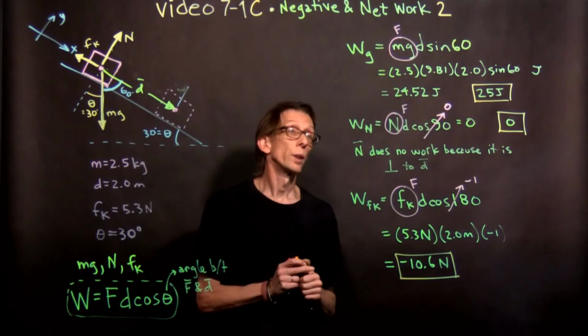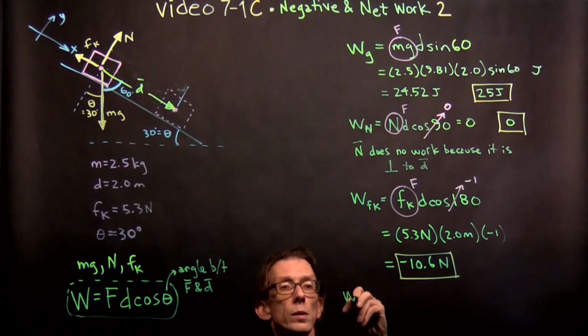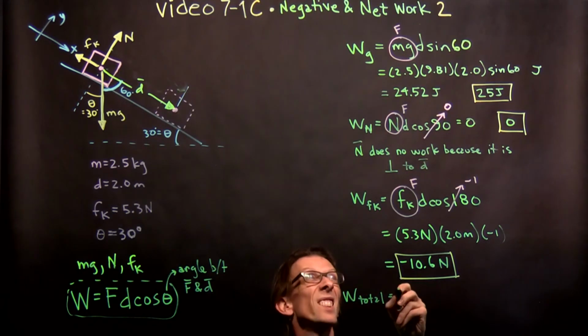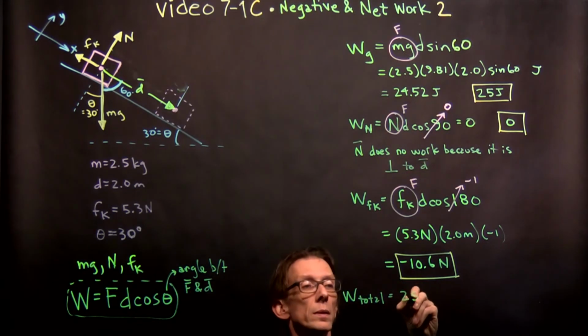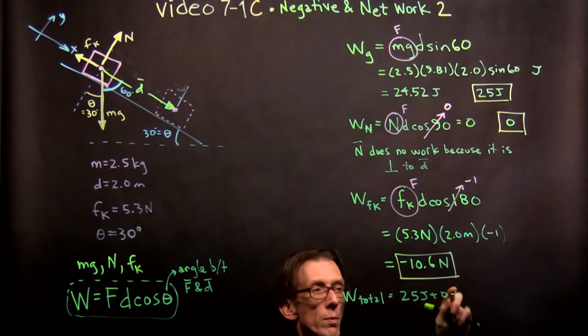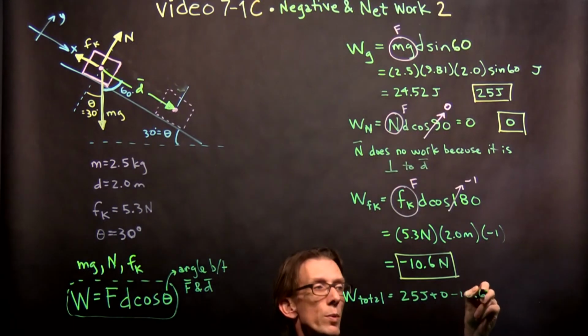And so the net work, the total work, again, I think the book uses the total subscript, is going to be 25 joules plus minus 10.6 joules.